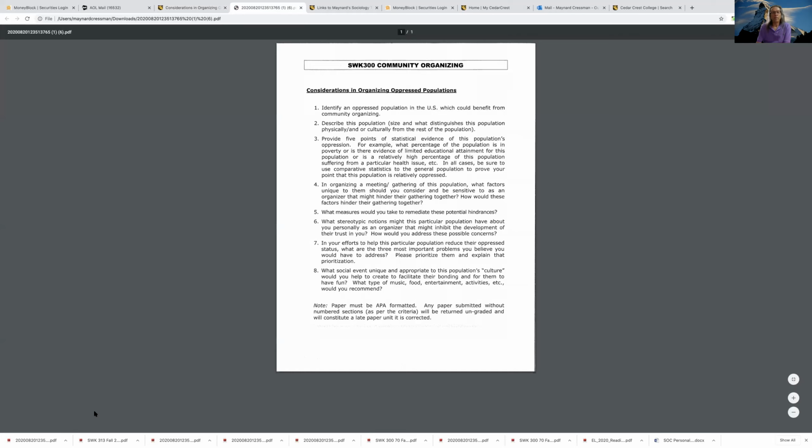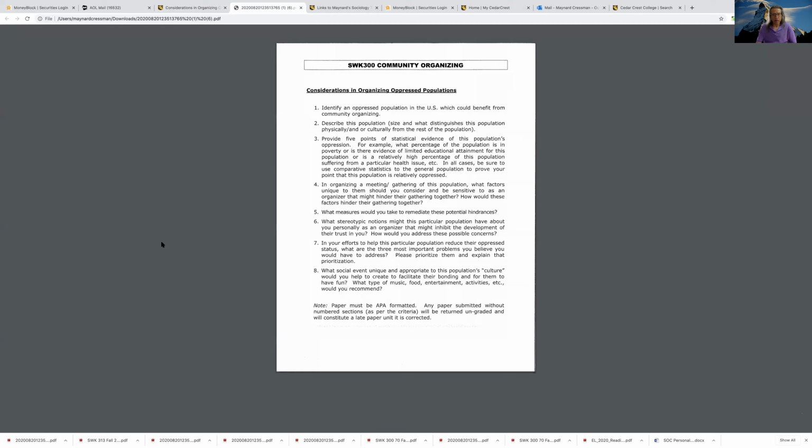And voila. Okay, so your first task is to write on your paper number 1. Well, it's right there, number 1. Identify an oppressed population in the United States which could benefit from community organizing.